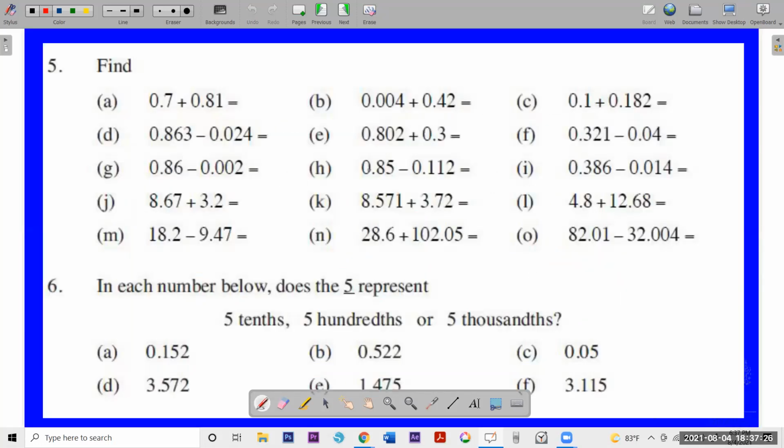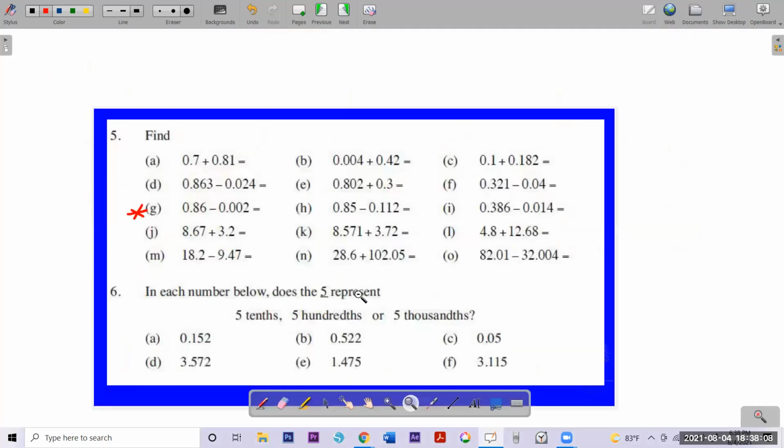So I'm not going to do up here, but I want us to do 2 questions from here. I want y'all to try this one for me, G. Everybody try G. Let me see what you get without your calculators. So we trying G. So 0.86 minus 0.002.